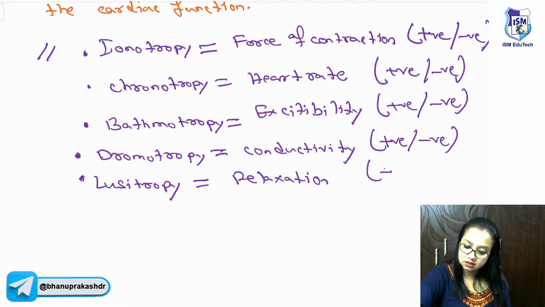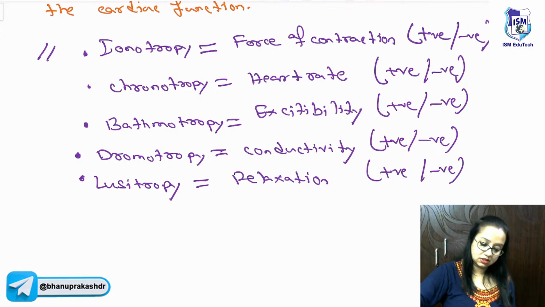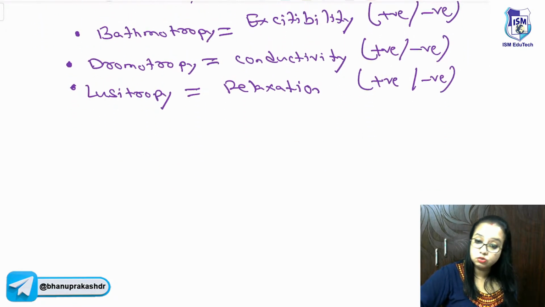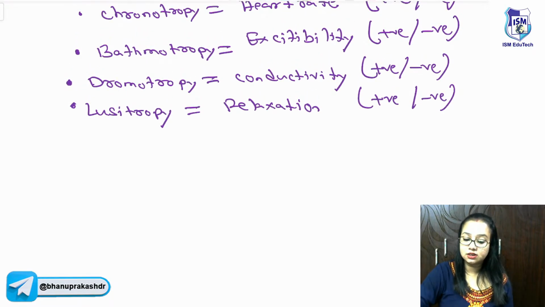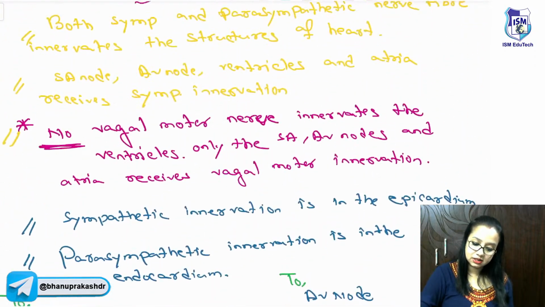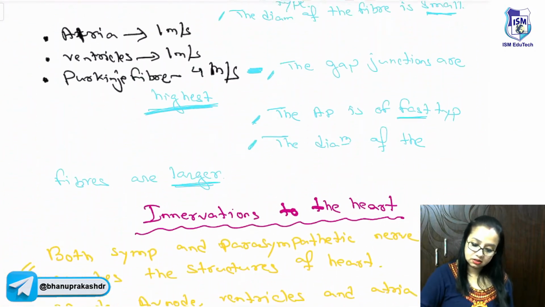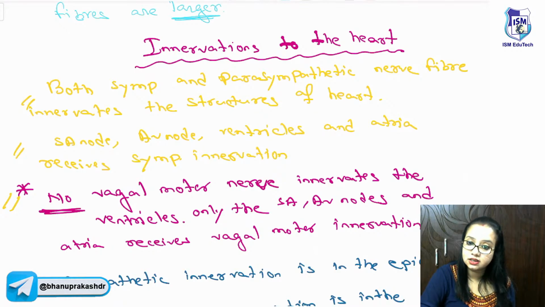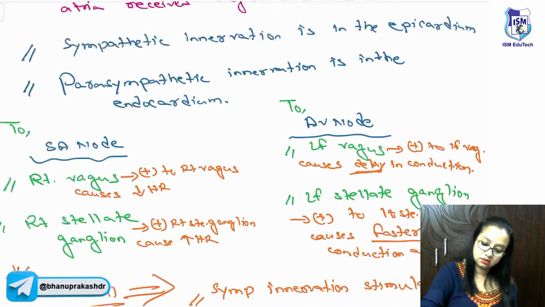And positive lusitropy and negative lusitropy. So these are the terminologies that we use to designate whether the cardiac function has increased or decreased. So this terminology and what it exactly means needs to be remembered. Okay, so this is like the basics of understanding the conducting system of the heart.